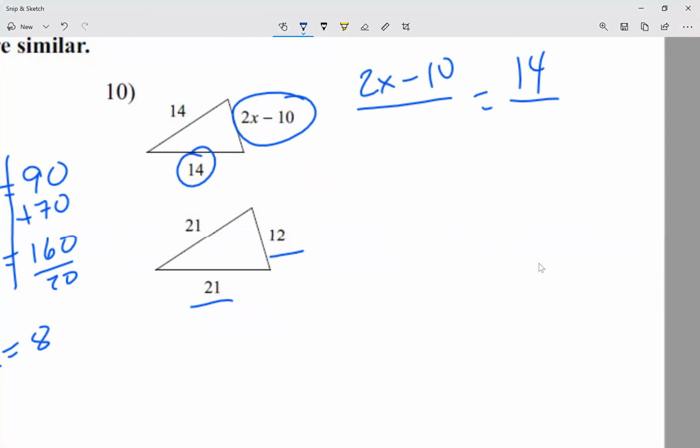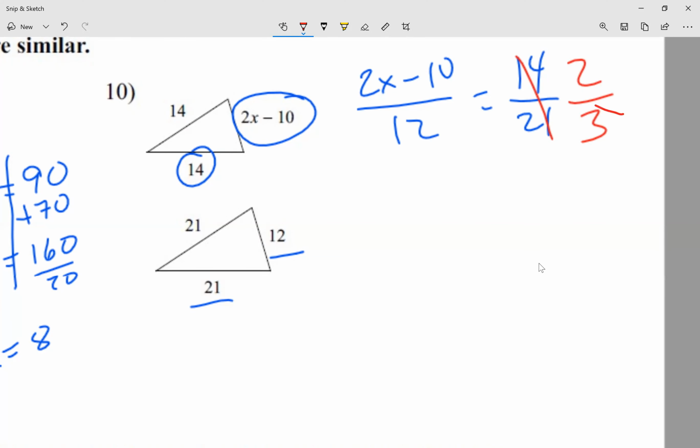And I said 2X minus 10 is corresponding with 12 and 14 is corresponding with 21. Feel free to simplify your fractions if you need to. What I mean is 14 over 21, I can call that 2 over 3, just to deal with smaller numbers.